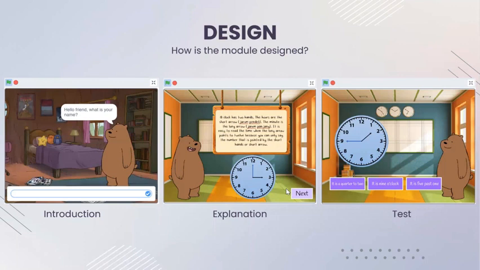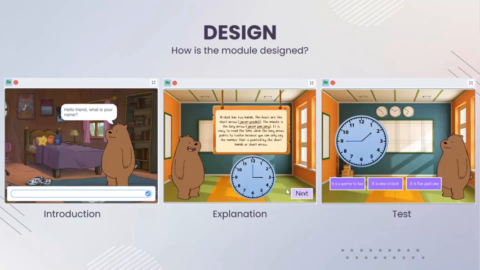If they don't understand the time concept, then the Grizzly bear will provide them with a brief explanation like I show here. This section may include information on the different parts of the clock, such as the hour hand and the minute hand, and how to use them to tell the time. The explanation that I made here is designed to be clear and concise to help the students understand the concept easily.